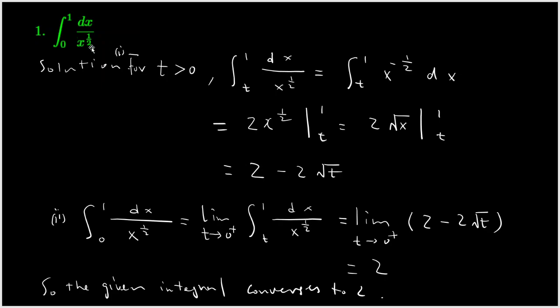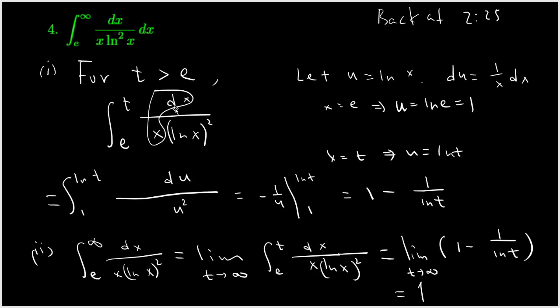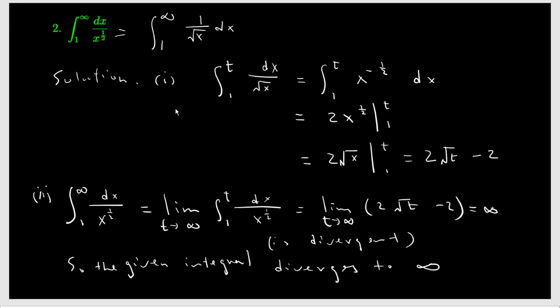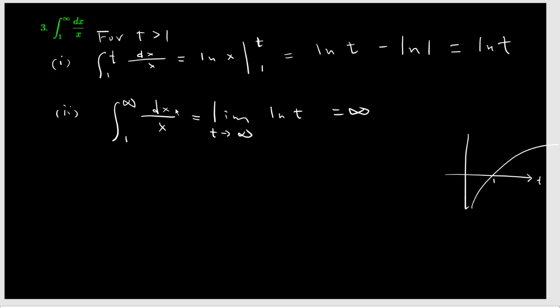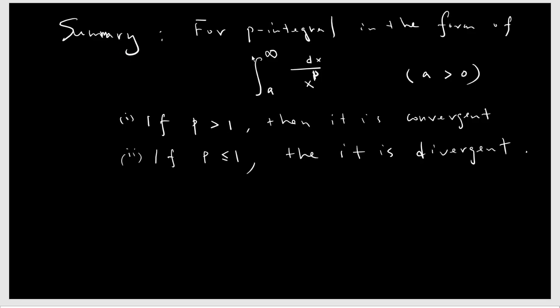So later on, I'm going to summarize the p integral for type 2. For type 2, it's different. This is a type 2 improper integral. The two cases I summarized earlier are true only for type 1 improper integrals. You remember the p integral I summarized earlier?